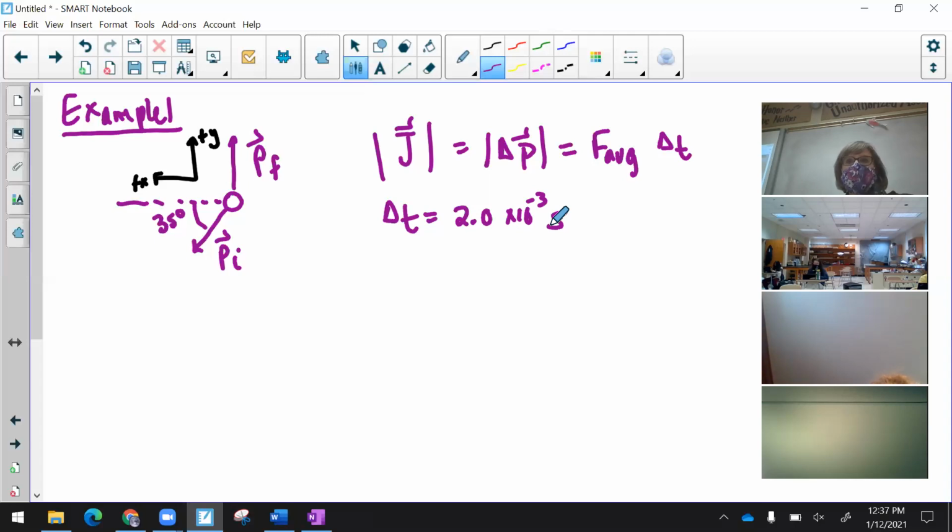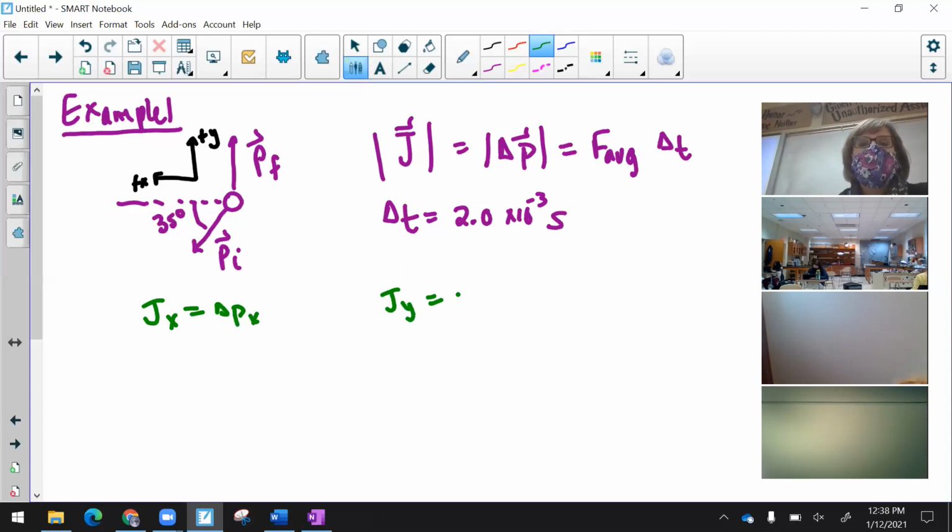Okay, so remember that J and delta P are vectors. So Jx is going to be delta Px, and Jy is going to be delta Py.